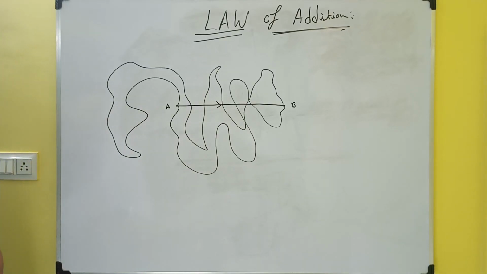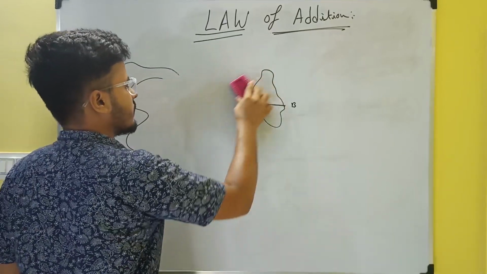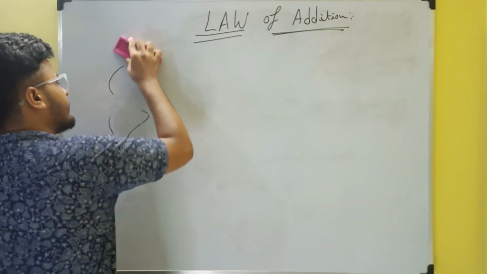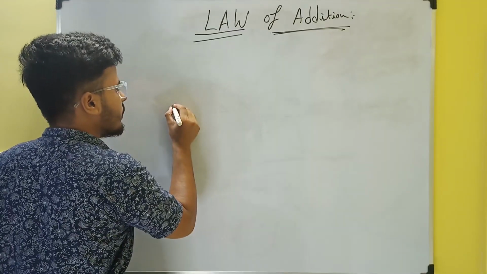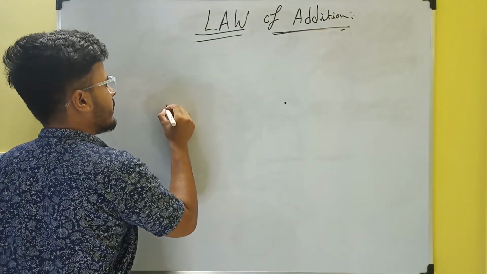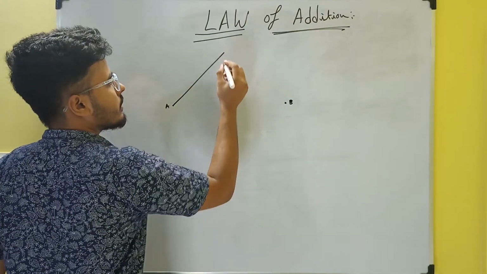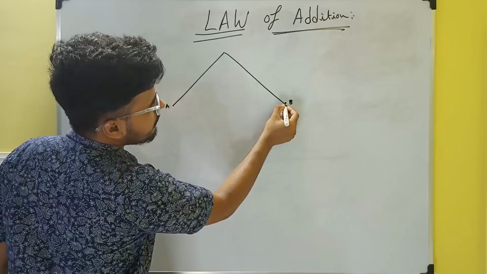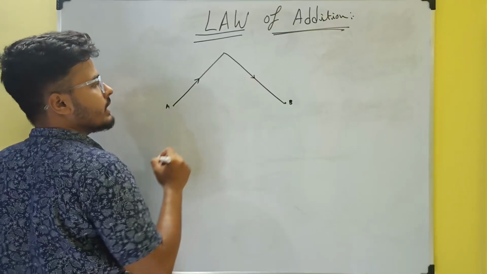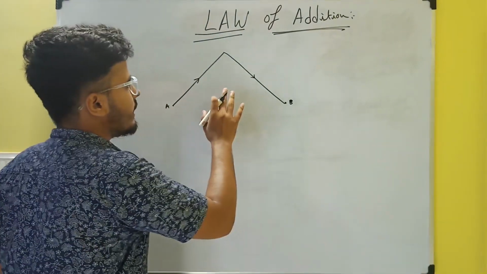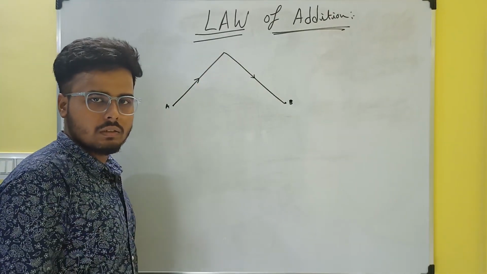But let's say we are going from point A to point B like this. Now the path is divided into two parts and both are straight line paths.